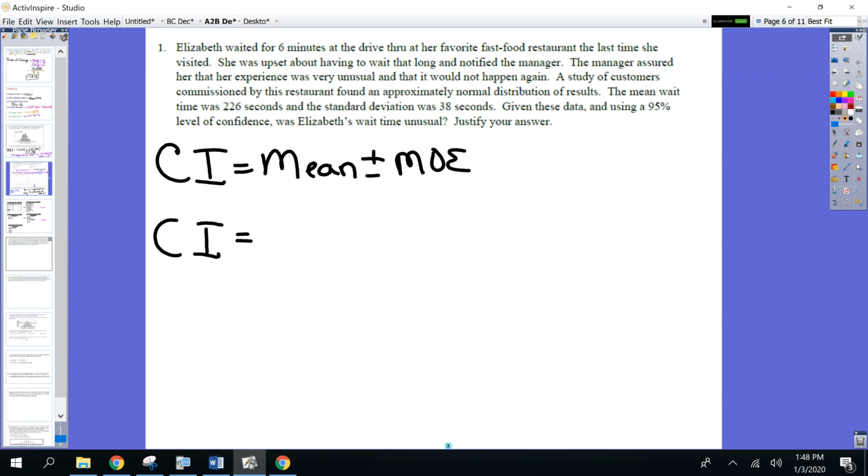What's the mean here? 226 seconds on average. Plus or minus, we have to find the margin of error, which will be plus or minus 2 times 38. So your margin of error is plus or minus 76.